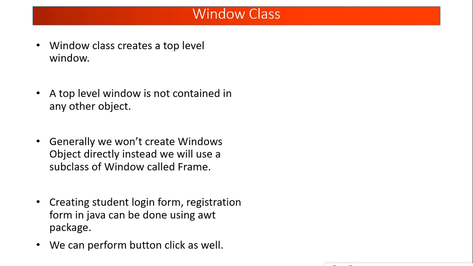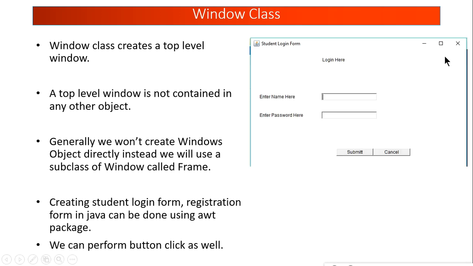Now what is a window class? You see this is a box that I was explaining earlier, and I want to create something like this in my Java. To create this we can use the frame class, but the frame class inherits the properties of the window class. A window class object cannot be created directly. You have to call the frame class and then you can use the properties of the window class.